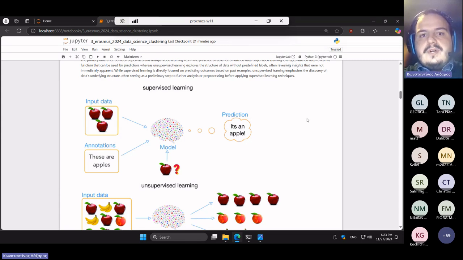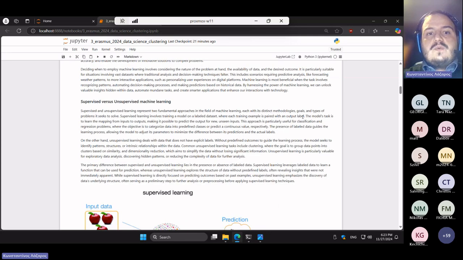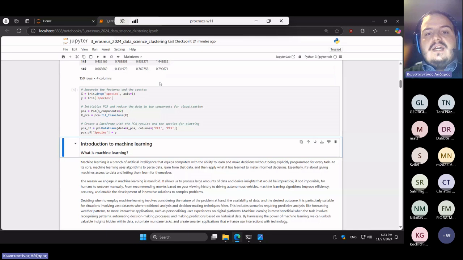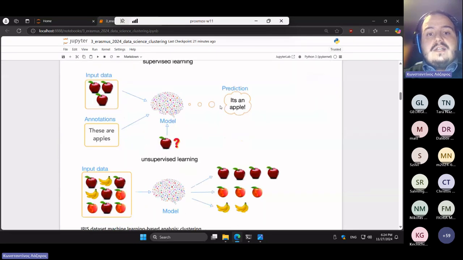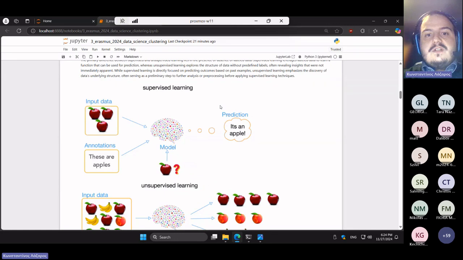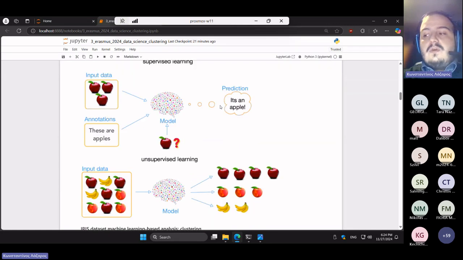The tag could be pretty much anything else. It could be the species of flowers, as we've seen in iris, for example. It could be, in a biomedical context, whether a person is suffering from a specific type of disease or not. In a more general context, it could be whether the email that I've received in my inbox is either spam or not, and so on and so forth.